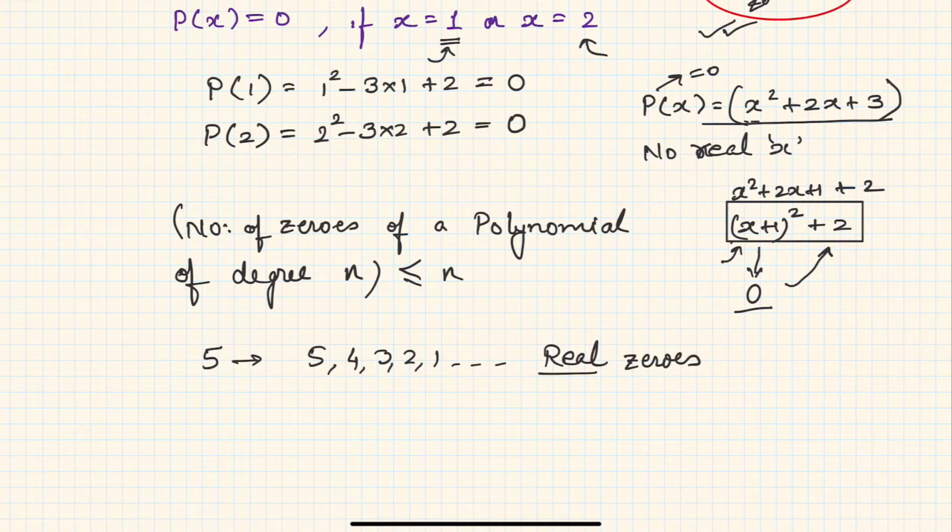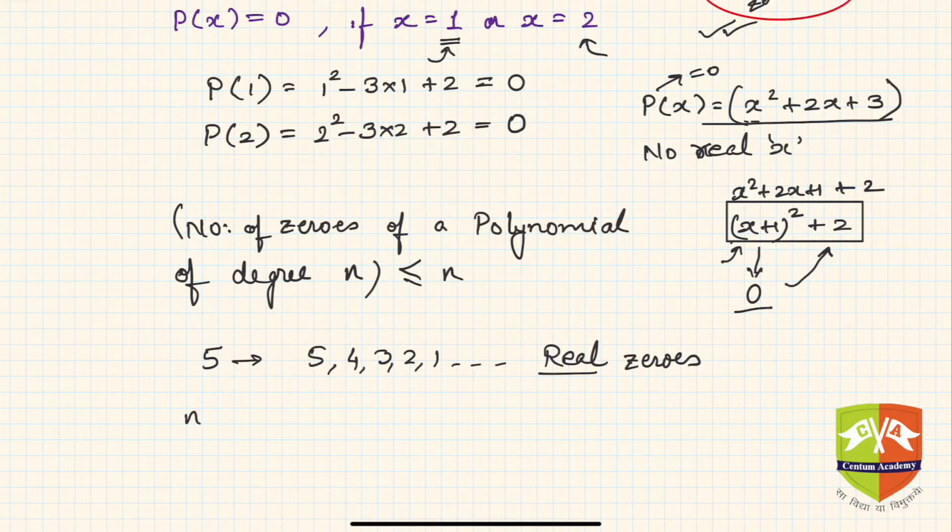You'll be seeing cases where the degree is even and odd, and then the existence of real zeros will be in pairs and other such features in subsequent sessions.